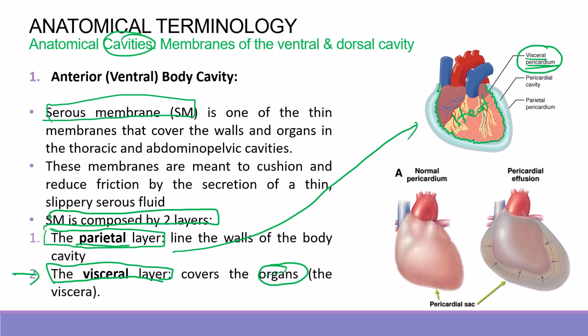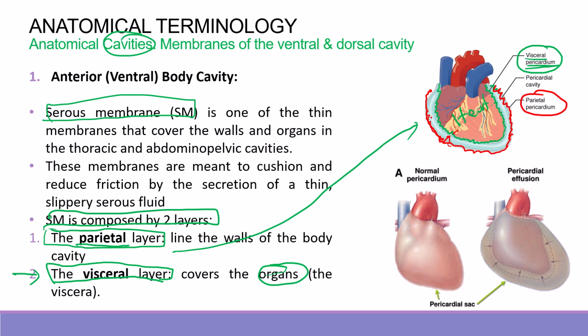The outermost, so I'll change this color to red, this outermost layer here is called the parietal layer or parietal pericardium. This is the layer that lines the body cavity, in this case the pericardium, but it's on top of the visceral layer, and the visceral layer is on top of the organ.